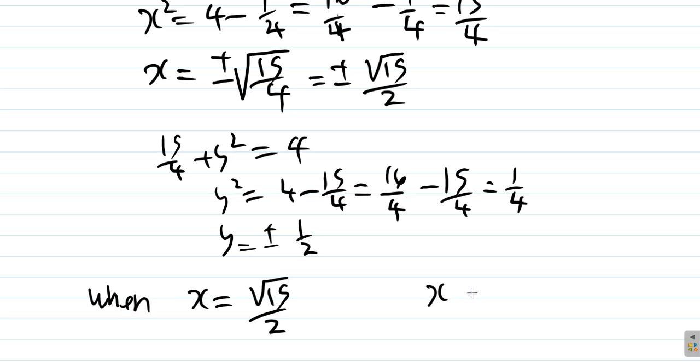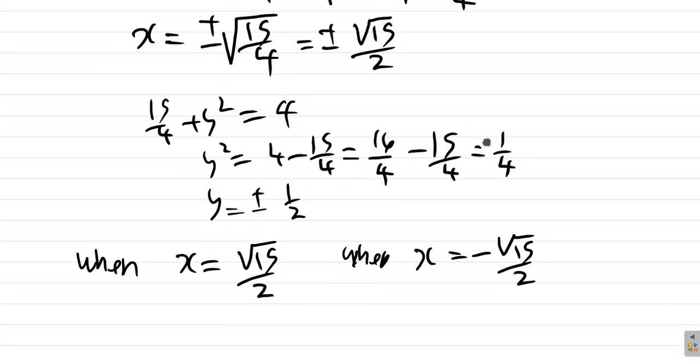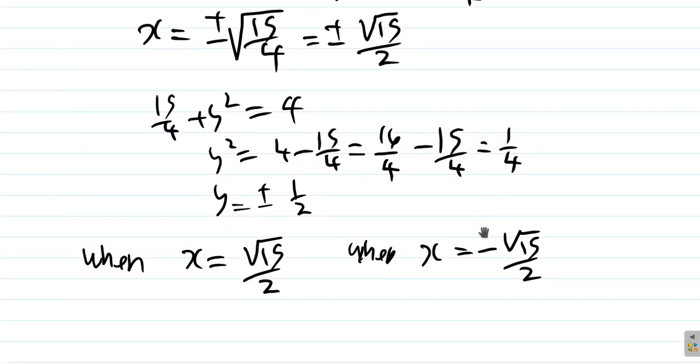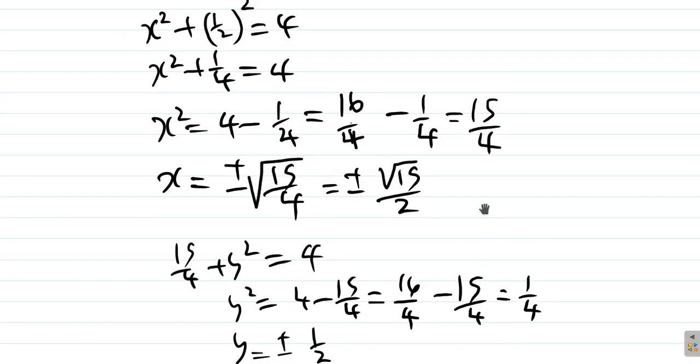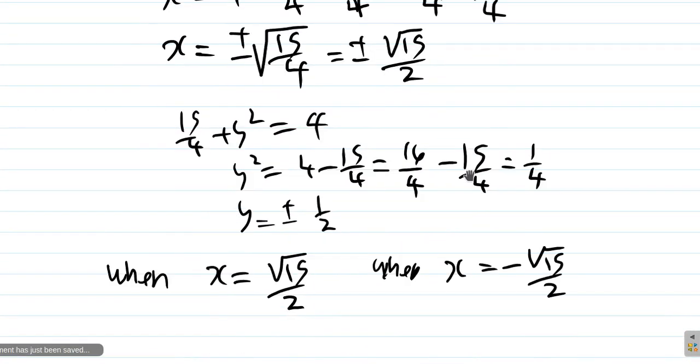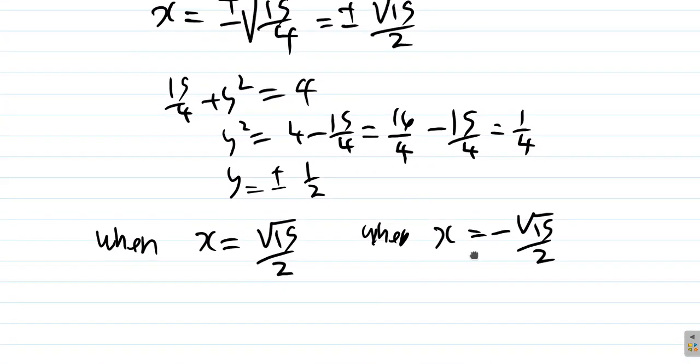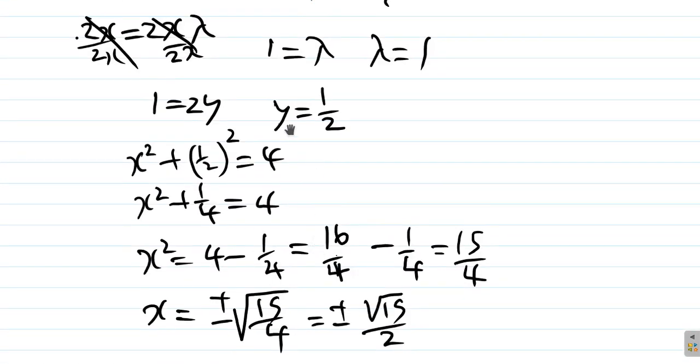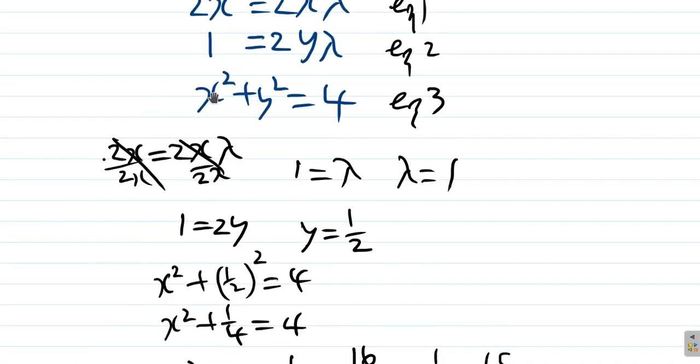And when x is equal to negative square root of 15 over 2, what happened to y? Let's see. When we put in x squared, we would get 15 over 4 just the same, whether it's positive or negative.